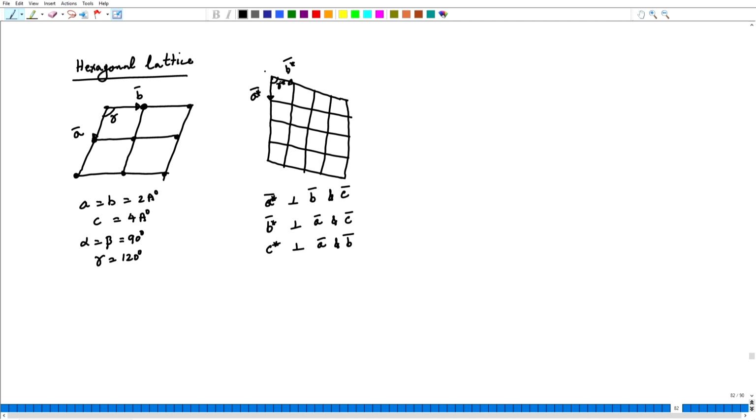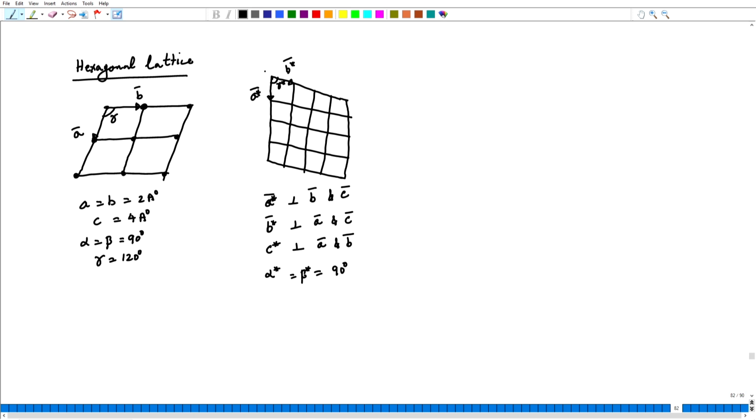Now, what about the angles between the vectors A star, B star, C star? We also need to figure that out. So, alpha star equals beta star equals 90 degrees. This is because alpha and beta in the real lattice are also 90 degrees. However, gamma in the real lattice is 120 degrees.